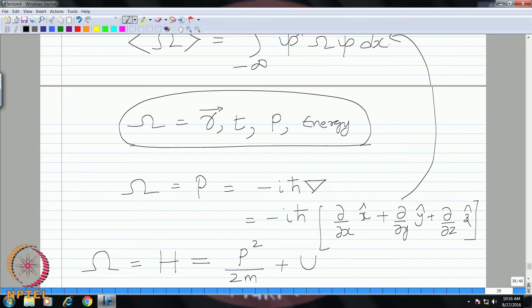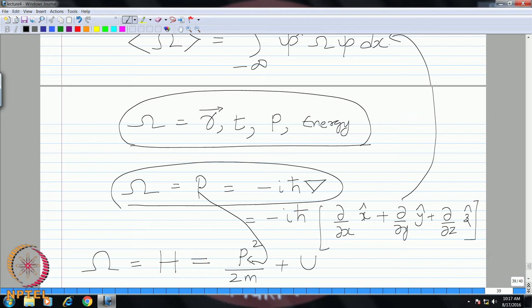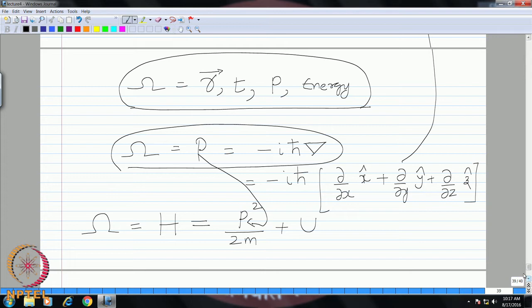So, this is your kinetic energy, this is your potential energy. Now, if you look at p square by 2m, you can also write this from the momentum operator here. You can substitute for p into this particular expression, right. So, what does that give you?